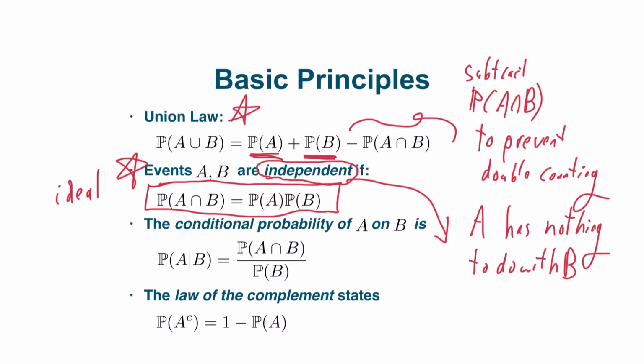Okay? We do need this other notion called conditional probability. So this P of A given B is how this is read. This is saying, assuming the event B is known to be true, that is, given the information of the event B, what's the probability of A occurring?